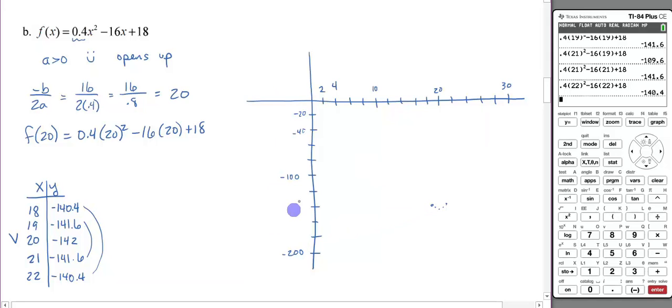It's easy to find the y-intercept. Just make your x 0. If x is 0, those first two terms go away and you get 18. So here we go. 0, 18 is our y-intercept.